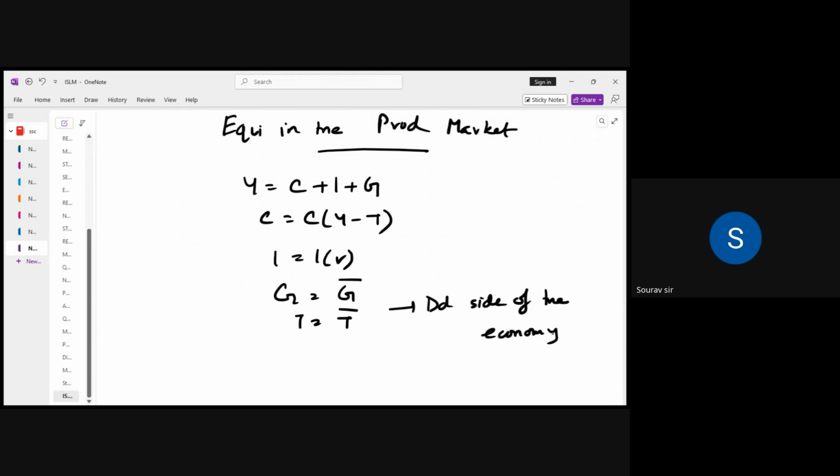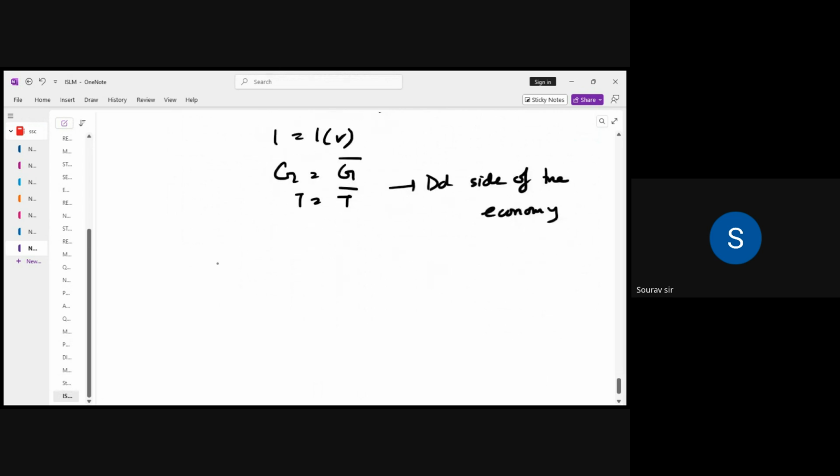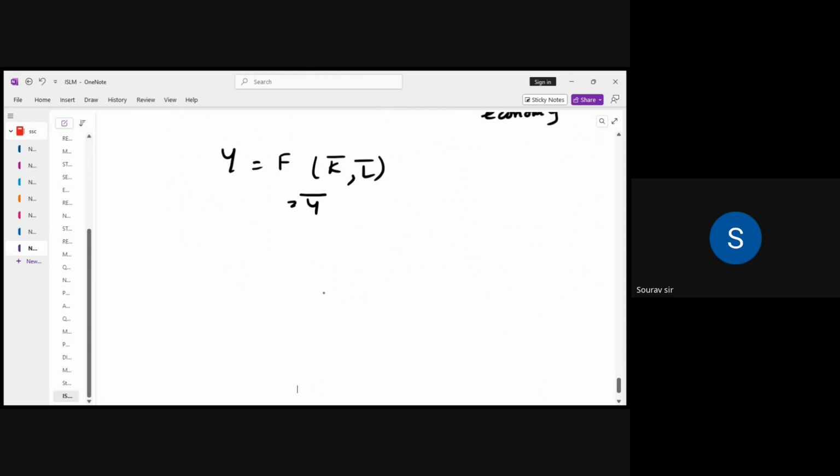Now, the supply side of the economy is represented by the aggregate production function, that is Y is equal to F of (K bar, L bar), so that is Y bar. Since the factors of production are assumed to remain constant, the quantity of output produced will also be at its potential level.